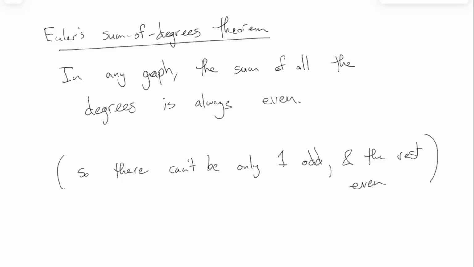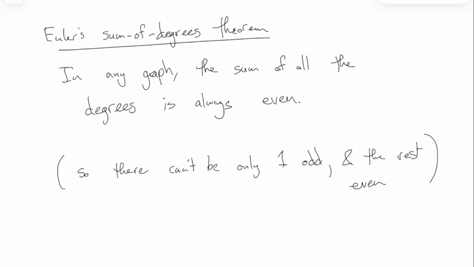If there's only one odd and the rest even, then when you add them all together, you're going to get an odd, because an odd plus an even is an odd. These are some basic number facts. If you don't remember them, take my word for it: there can't be only one odd and the rest even, because then it would all add up to an odd, and the sum of degrees theorem says the sum of the degrees must be even.